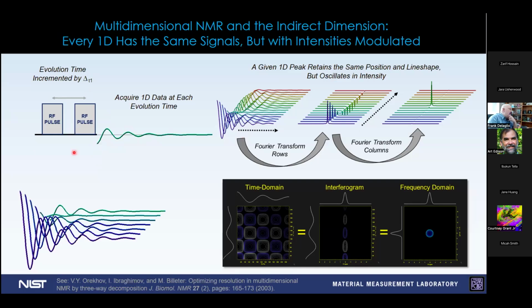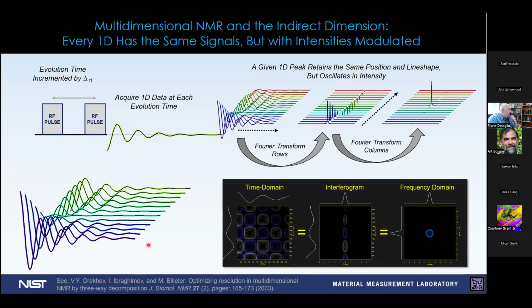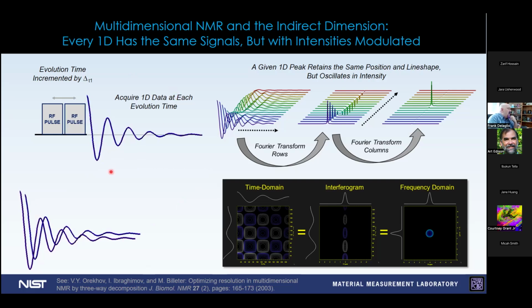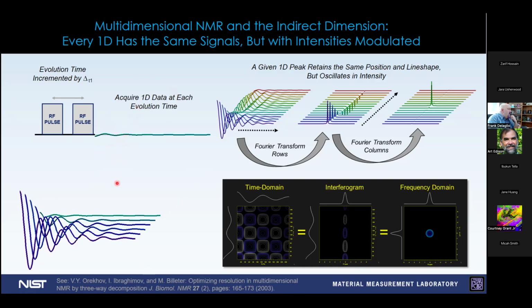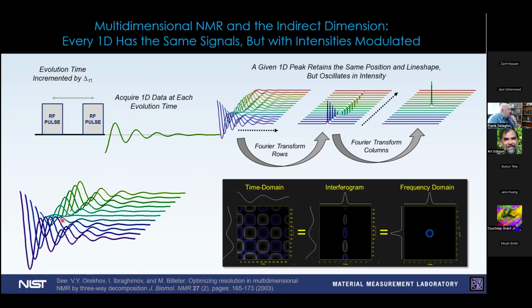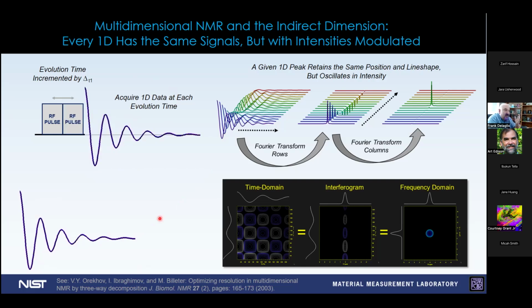Now, as a general point, we're interested to quantify NMR signals. And the way in which an NMR signal is generated is in the time domain. We measure a 1D signal basically with a radio antenna. And in a multidimensional experiment, we measure a series of these 1D spectra over and over again. Since we're measuring a 1D spectrum over and over again, the underlying signals are the same signals.